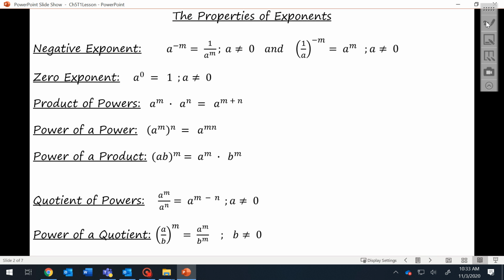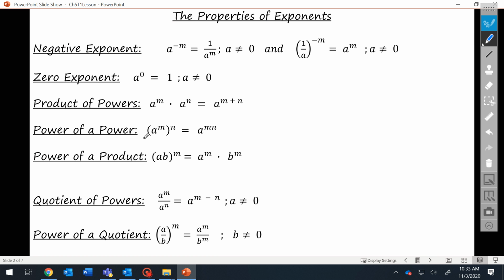So let's look at the properties of exponents. There's a few of them. Negative exponents: if you have a negative exponent in the numerator, to make it positive, you bring it to the denominator. And if you have a negative exponent in the denominator, it comes to the numerator.